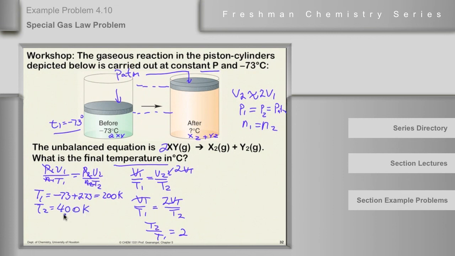And it wants it in degrees Celsius, not kelvins. So 400 is equal to t2 plus 273. And if we solve that for lowercase t2, that is 127 degrees Celsius.